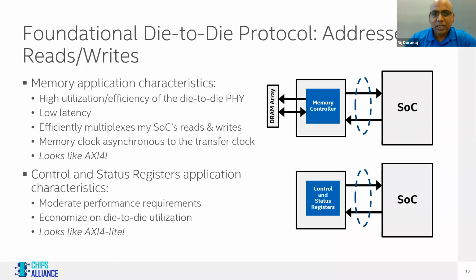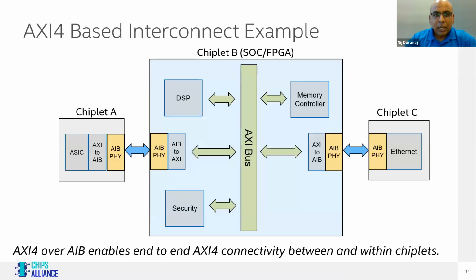So what I've covered here are two major protocol categories which AXI4 can enable. Next slide. So with that, when I say providing end-to-end protocol, what we really want to do is provide this type of interconnect here.